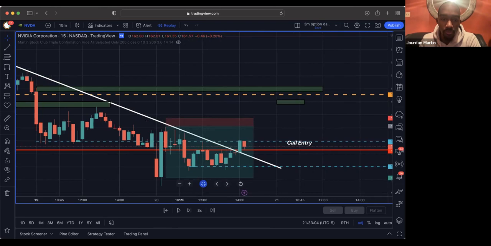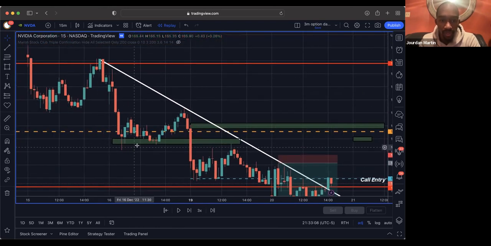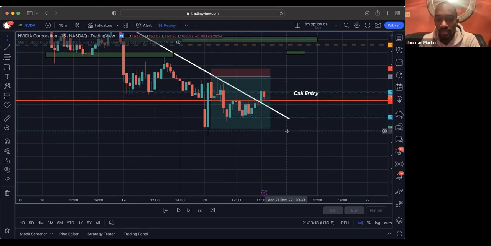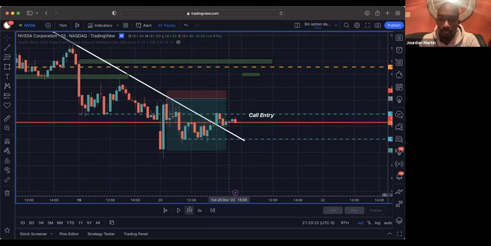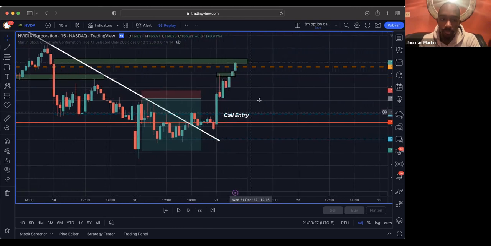This whole way through, we saw sellers come in, push it down, hug, come through, push it down, hug, push it down, right? Now we see we're hugging it again, and this time we've broken up instead of pushing down, right? Boom.